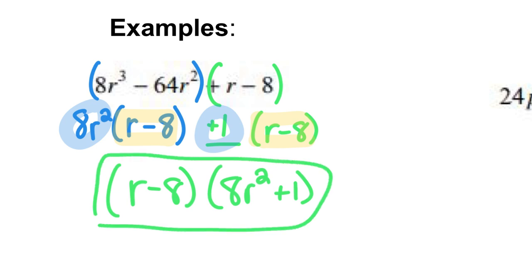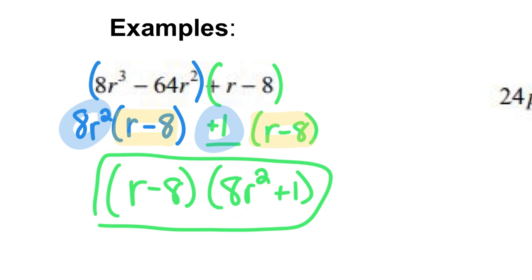And you can check yourself on that by multiplying your terms out. So like r times 8r squared, r times 1, 8 times 8r squared, negative 8 times 1. And make sure you end up with the same thing, or doing a box with this to make sure you end up with the same thing that we had here. I don't know that I really recommend that. I mean, you can, for sure. But if you want to just kind of spot check yourself instead of having to multiply the whole thing back out, you can always just maybe like check your first terms.